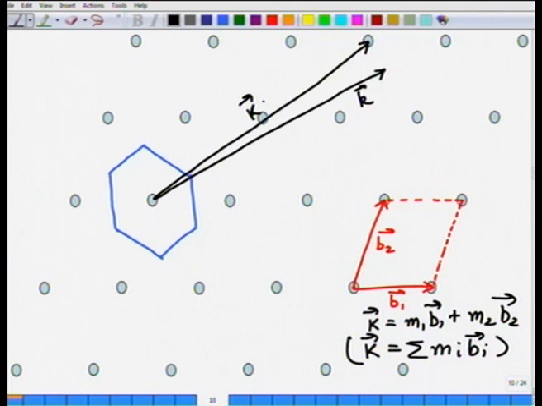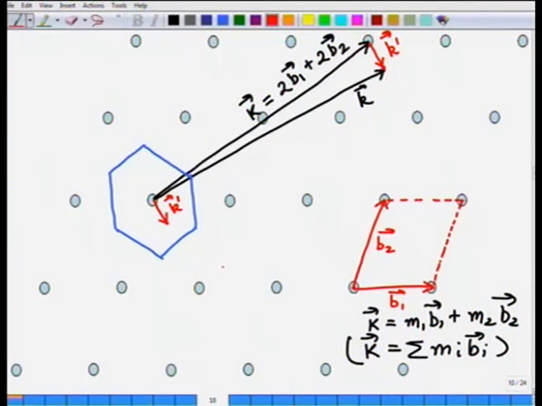So, this capital K vector is equal to, let us choose the values of m1 and m2, 1 and 2, so 2 b1 plus 2 b2. This is the capital K vector I have chosen. If so, then what is the k prime vector? This is the k prime vector. I can represent the same k prime vector right here. Draw the same parallel vector from this origin, the origin must remain the same. So, that is the k prime vector.